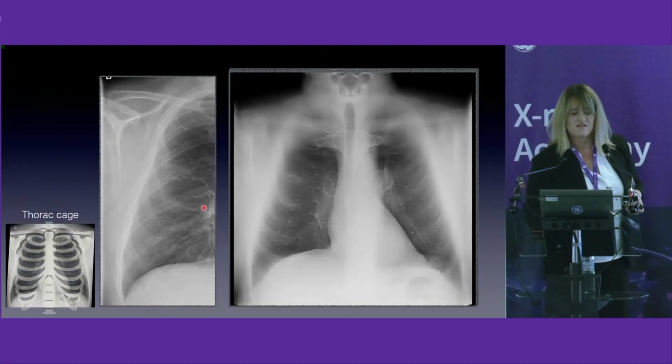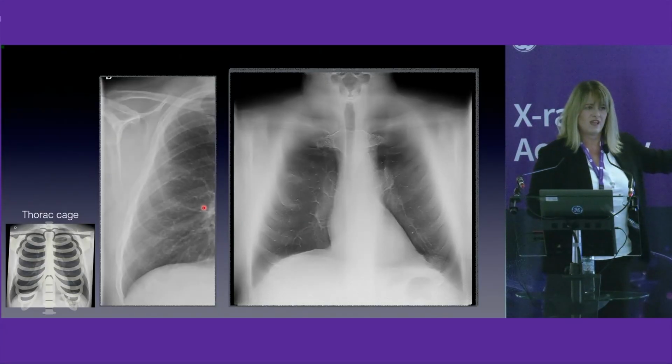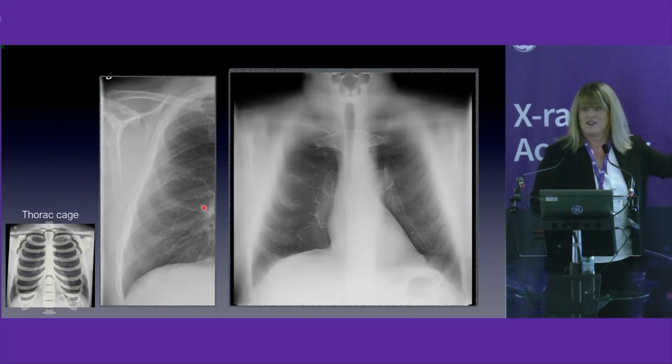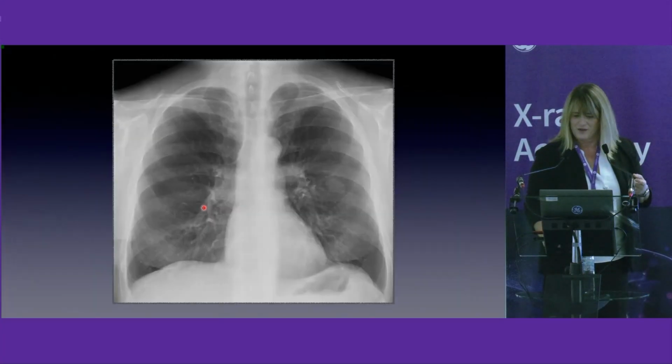Maybe this patient has some cough. Oh, we see a consolidation, and maybe the clinician gives antibiotics, but this patient doesn't need antibiotics because this patient doesn't have any kind of consolidation. That's the point.